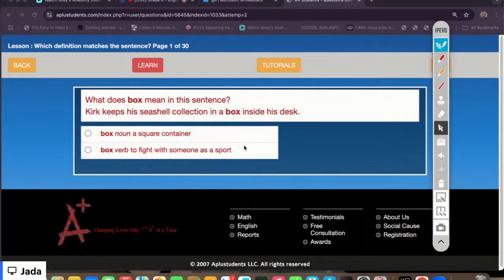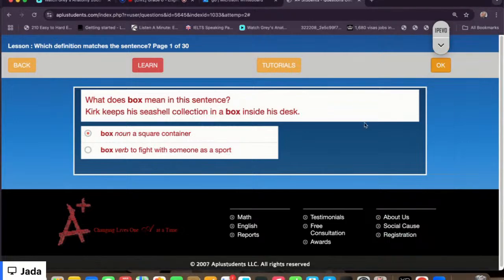So box here would mean a square container, because it says that he keeps his seashell collection in a box. It cannot be the one where the person is fighting.